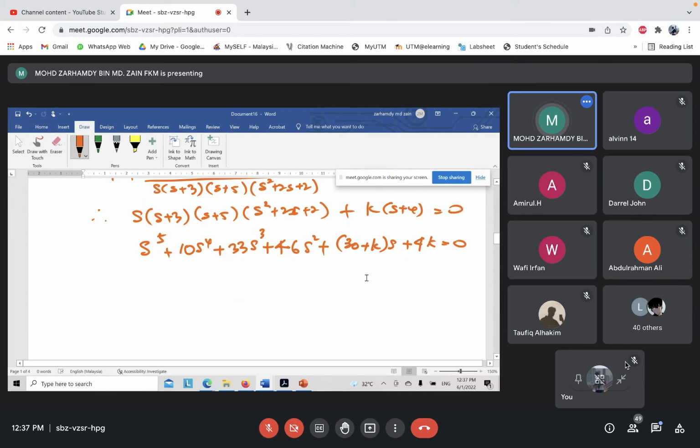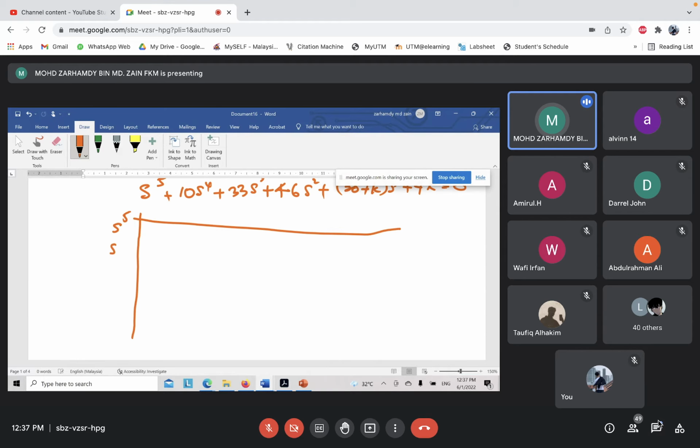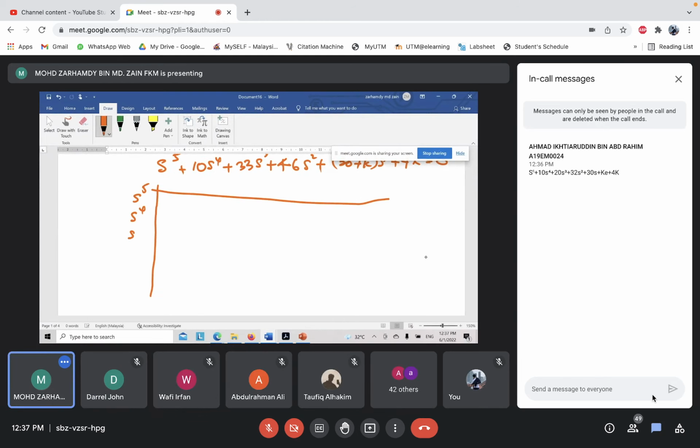So from this characteristic equation, we need to provide the Routh array. S power of 5, S power of 4, S power of 3, S power of 2, S power of 1, and S power of 0.